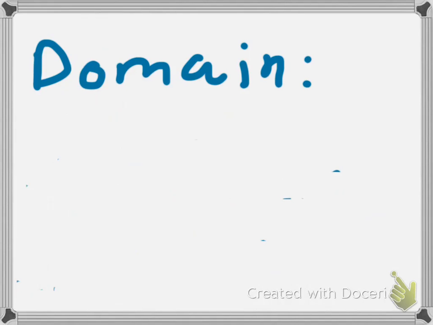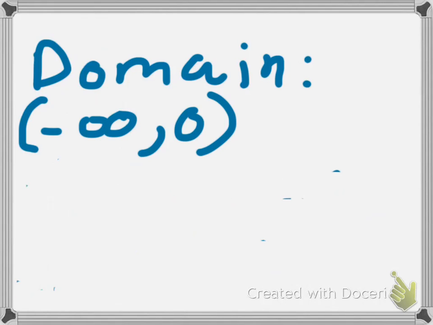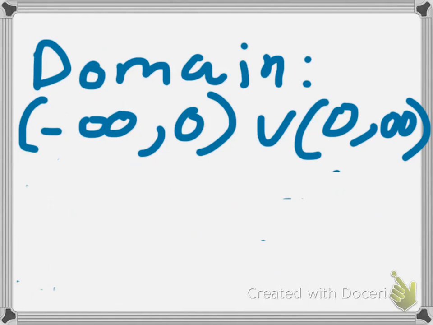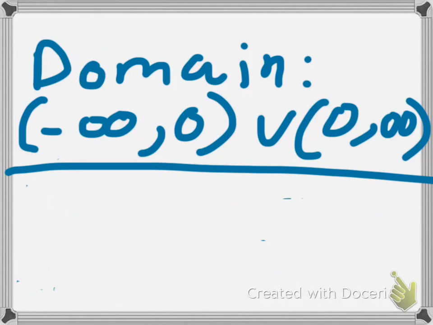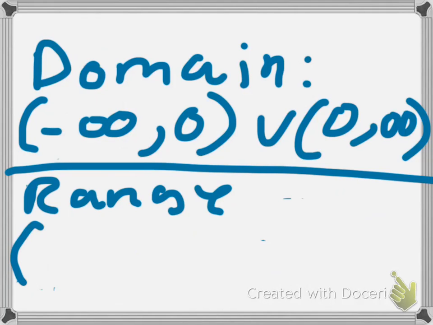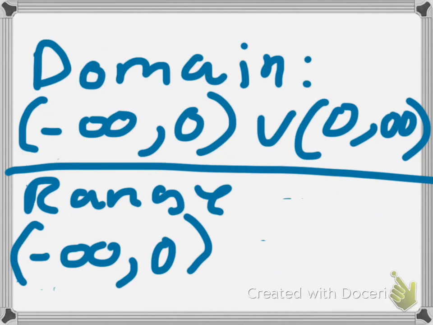Based on our problem, our domain would be negative infinity, 0, union, 0, infinity. And now we need to solve for our range, which equals negative infinity, 0, union, 0, infinity.